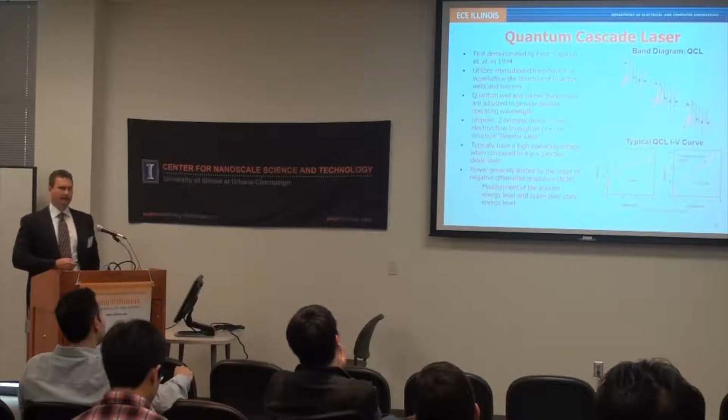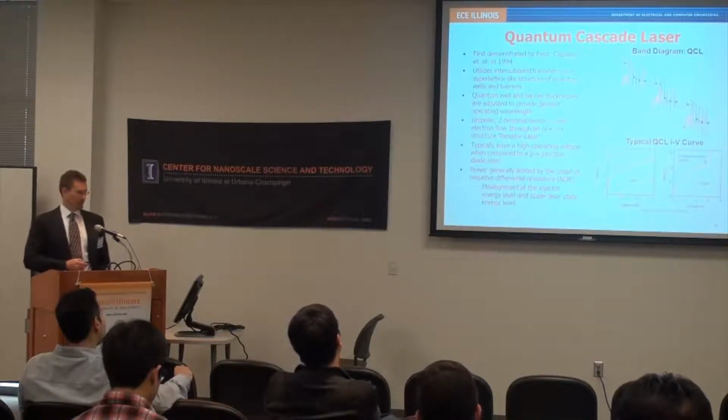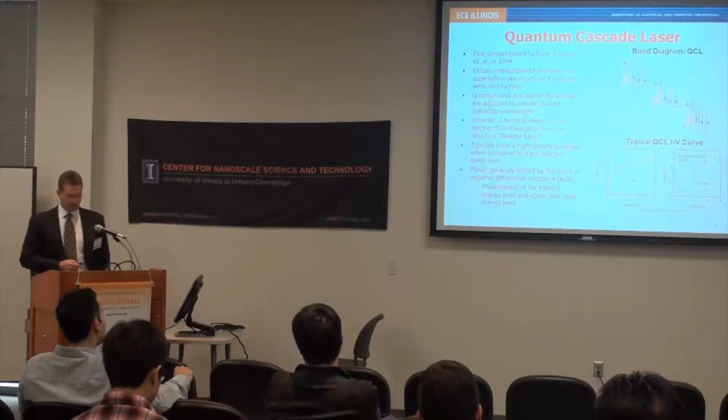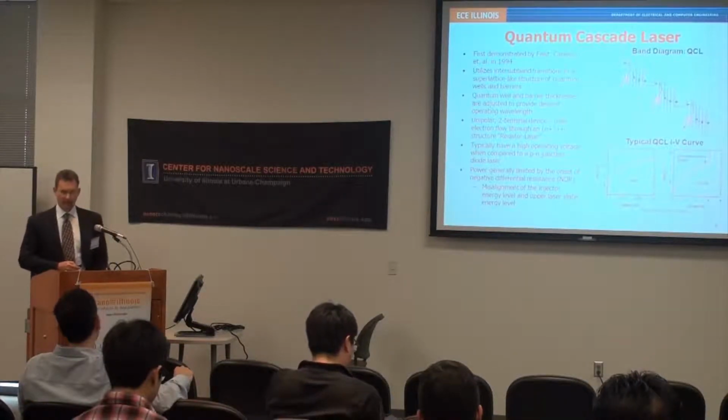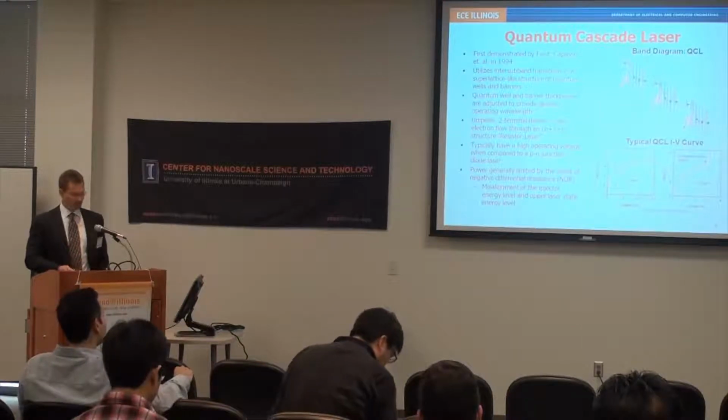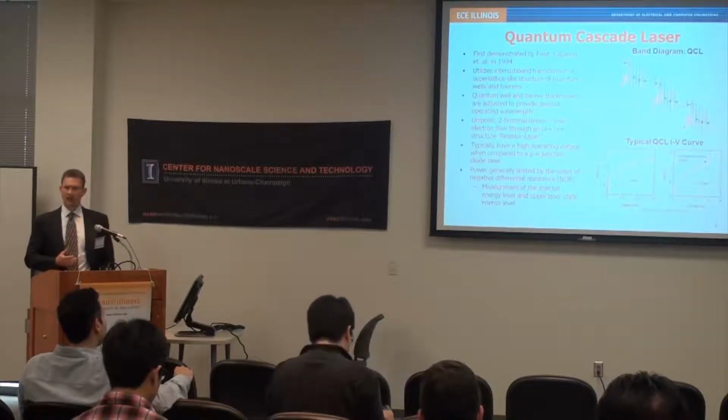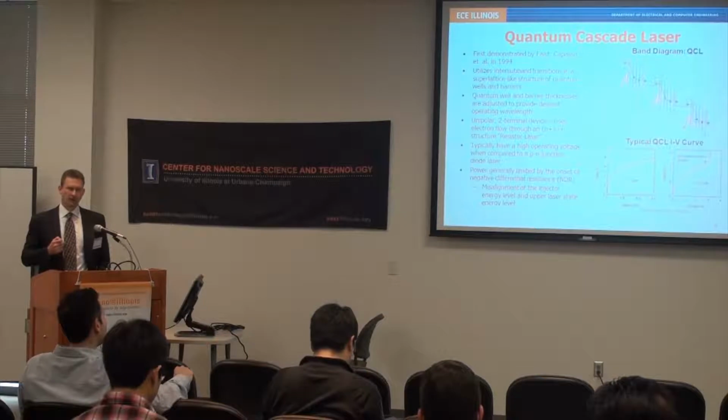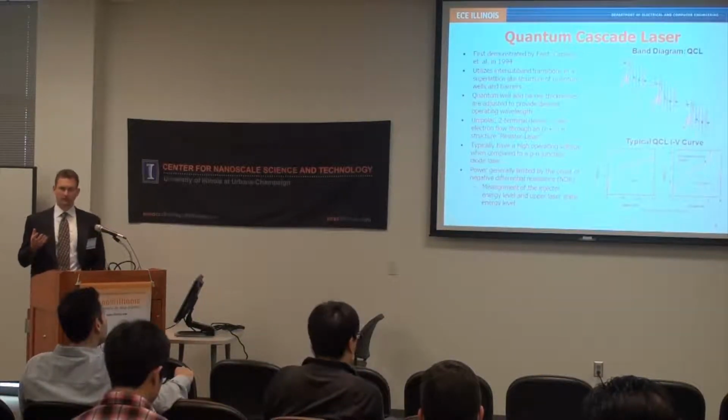The quantum cascade laser, of course, is another very interesting device. It kind of represents the cutting edge of epitaxy, in the sense that you're producing very complex quantum structures, where you're actually getting into the mechanics of the recombination process.